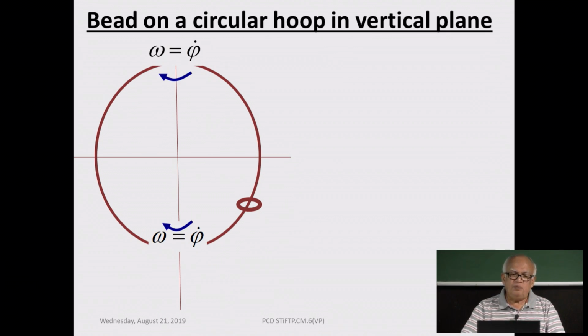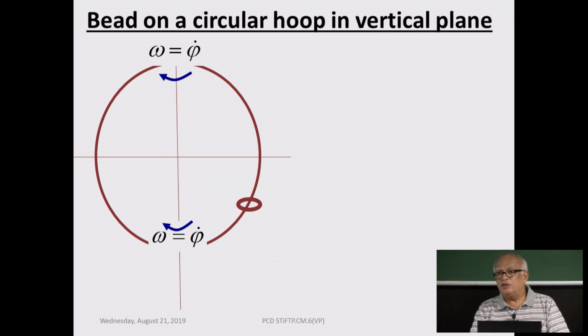But what if you spin it? If you spin it about a vertical axis, okay. Now, if you spin it, then you are going to have to solve the equation of motion, and how would you solve it? You will have to write the forces acting on it, and the forces, of course, are the gravity.